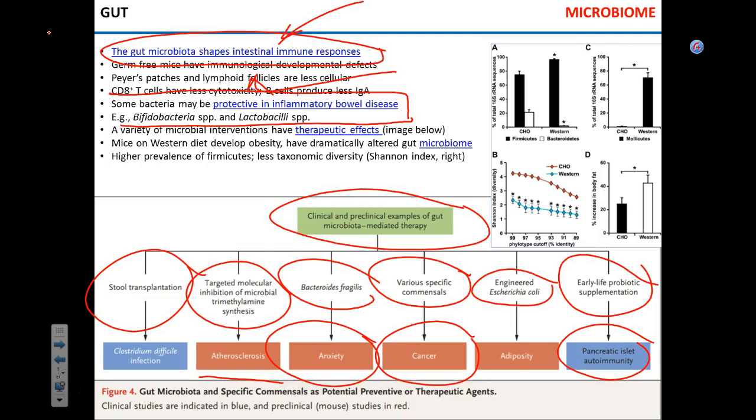Okay. Now, one of the things that stand close to my heart, I studied obesity for a long time, is the role of intestinal microbiome in obesity. So the graph A shows you the abundance of firmicutes and bacteroidetes. Firmicutes are solid dark columns, dark bars, and bacteroidetes are light bars.